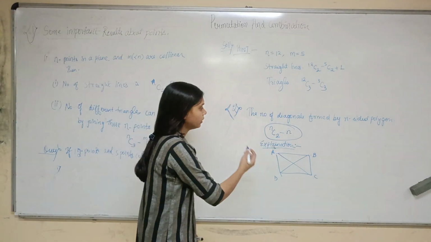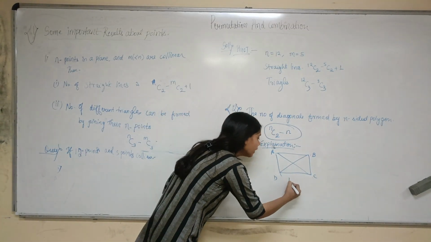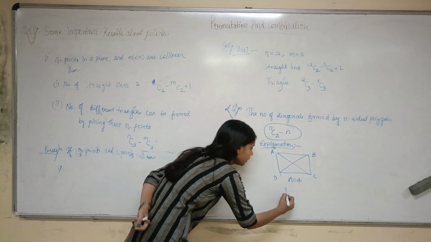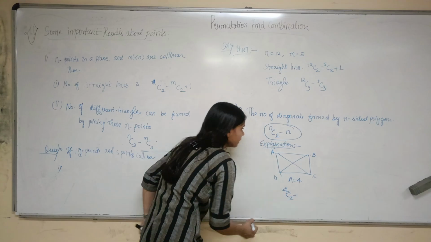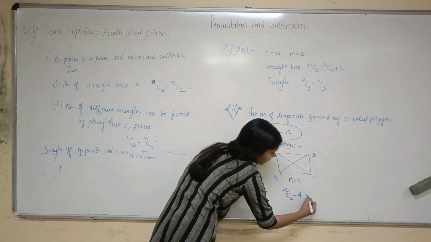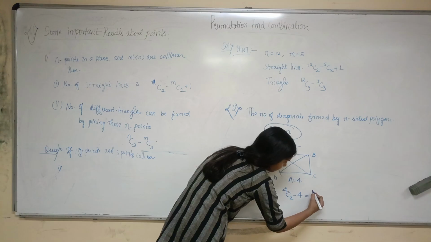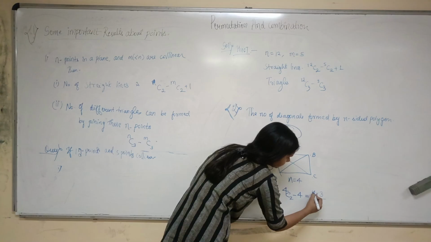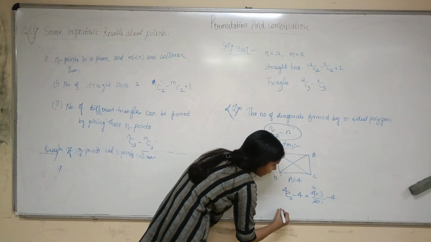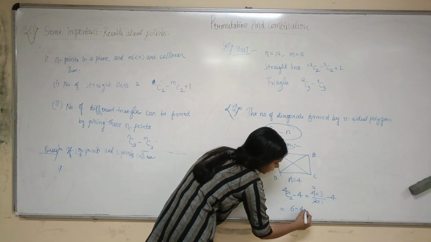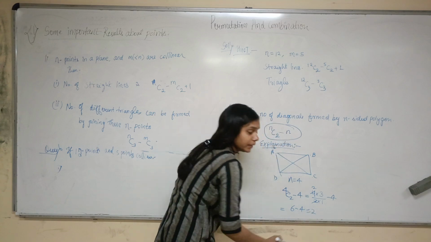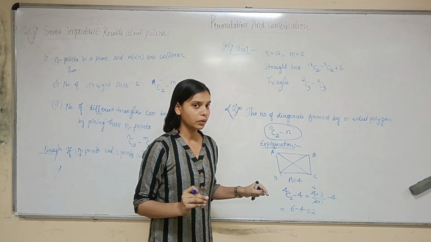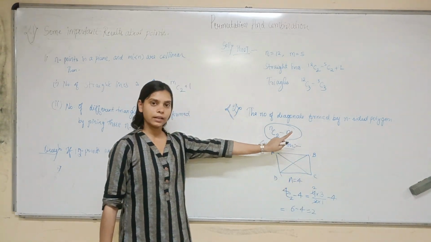If we put n equal to 4, then 4C2 minus 4 is equal to 4 into 3 upon 2 into 1, which is 6, minus 4 is equal to 2. It means a 4-sided polygon contains only 2 diagonals. So the result is verified.